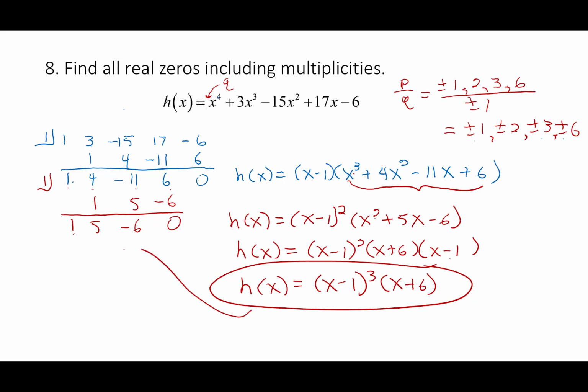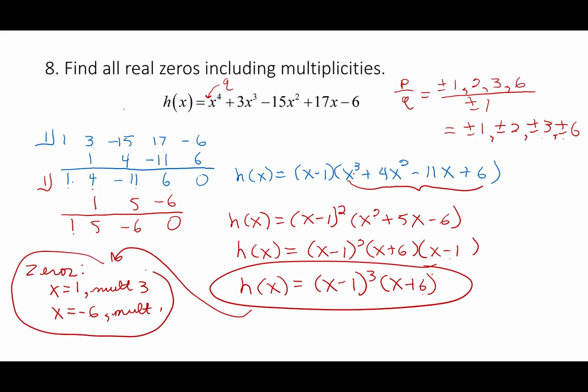So the zeros here are going to be x equals 1 with multiplicity 3, x equals negative 6 with multiplicity 1. I found that negative 6 by setting x plus 6 equal to 0 and solving for x to get x equals negative 6. So this is the answer here, and we should be good.